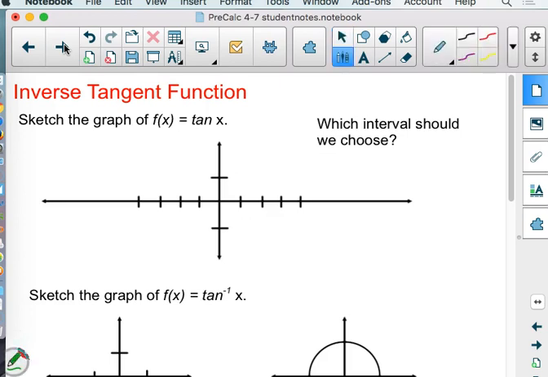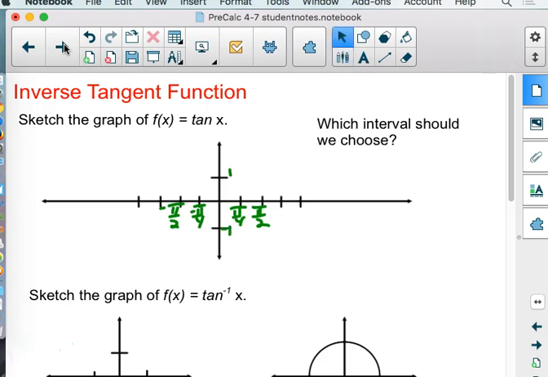Let's make this pi over 4. And we've got pi over 2. Negative pi over 4. And negative pi over 2. So we put asymptotes in there.